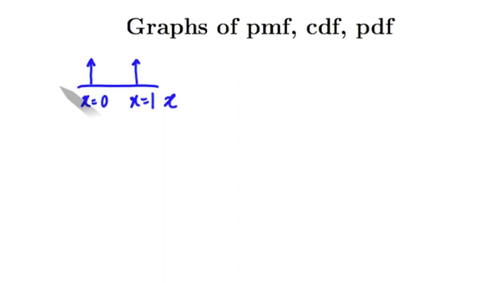Then this is how we represent the PMF. So it's just the probability associated with a particular X. This would be the example of the coin tossing thing where both of these values are 0.5.